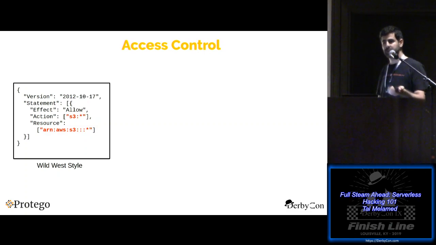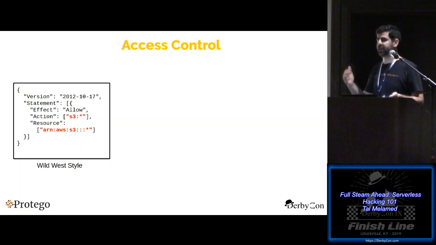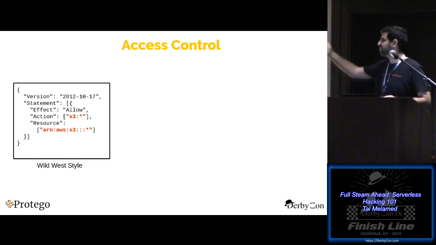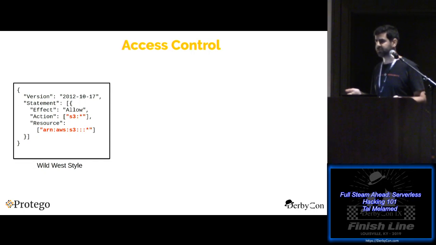Guess what? They don't. We found that more than 95% of the functions have some level of over-permissions, because it's hard. This is easy for one function, but if you have hundreds of functions and they're constantly changing, how do you do that?